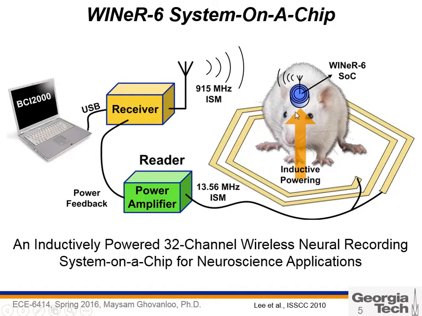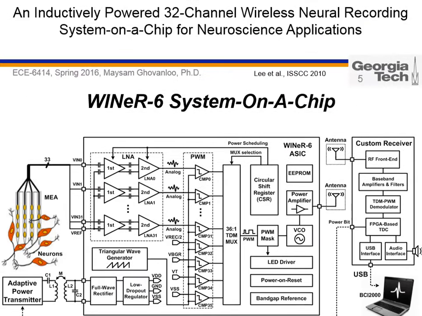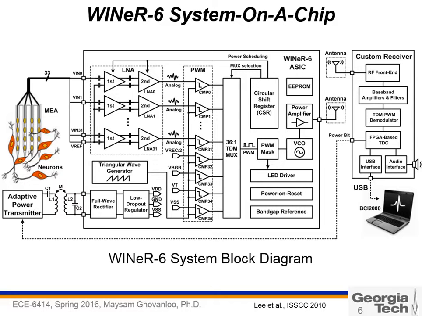So this system is also being wirelessly powered through an array of coils that are around this recording or experimental environment, and that's a system which we call the inner cage system. And if you are interested in that, you can read about it through the publications out of my lab. So here you can see the block diagram of the WINER 6 system. It was presented at ECE6414 2010.